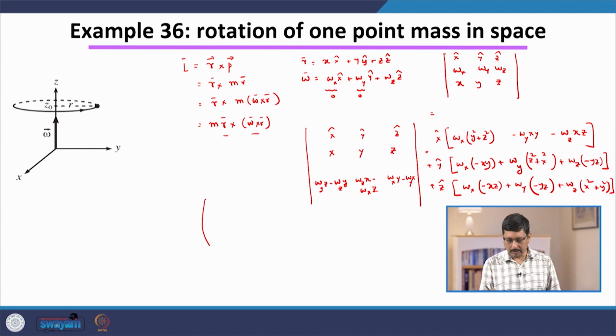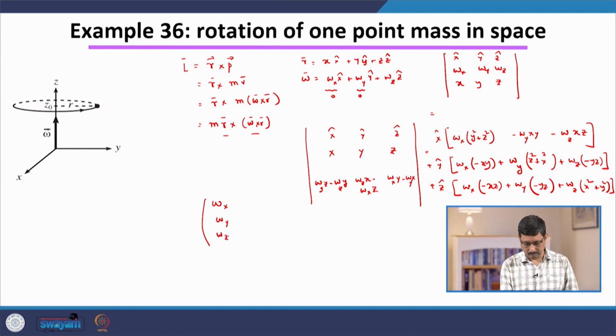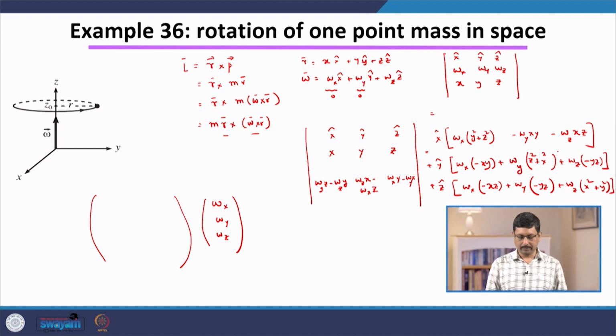Now we want to write it as a product. We take this omega vector and represent it as a column vector, and then we express this as a matrix, a 3 by 3 matrix.